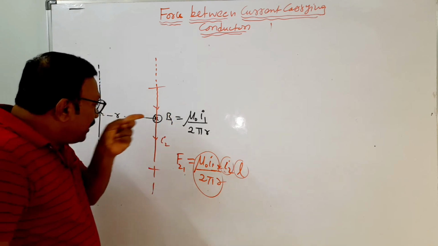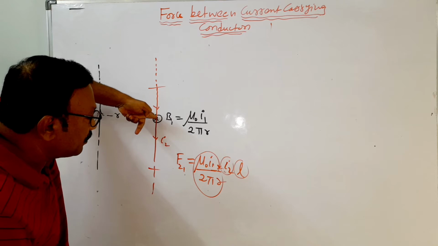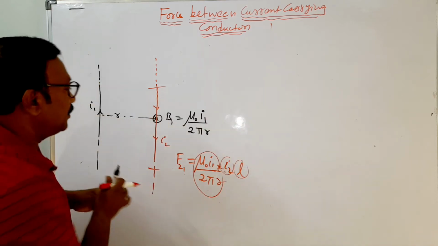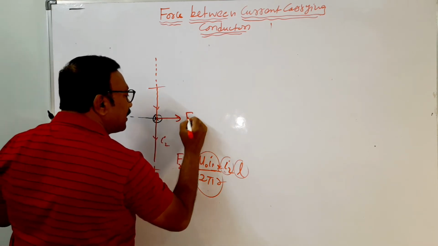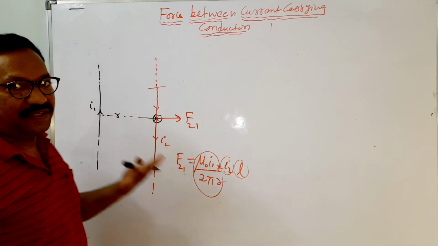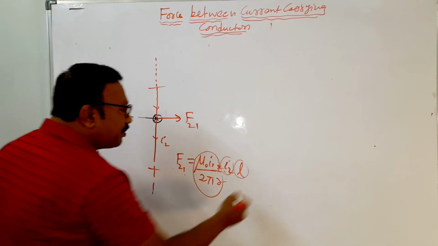Now decide the direction of force. So the magnetic field is inward, but the current is downwards. Yes, the current is downwards. Then the force will be acting towards the right. So therefore, let me erase this. This is the force acting on the second conductor due to the first conductor. So what is the force per unit length now?